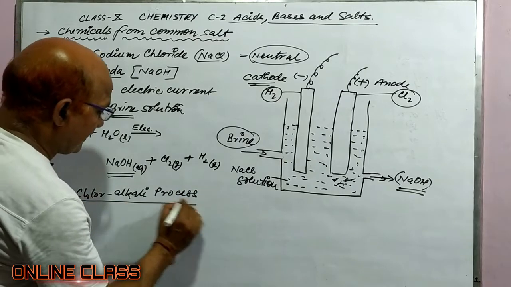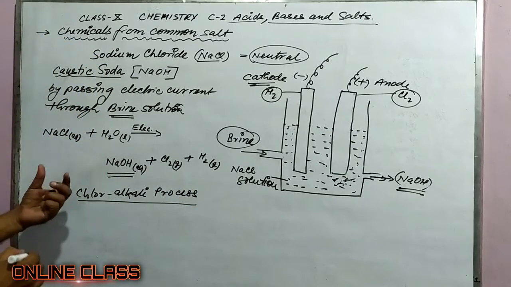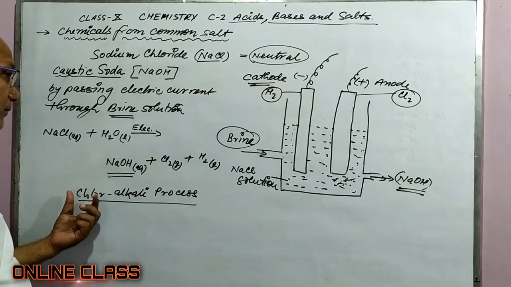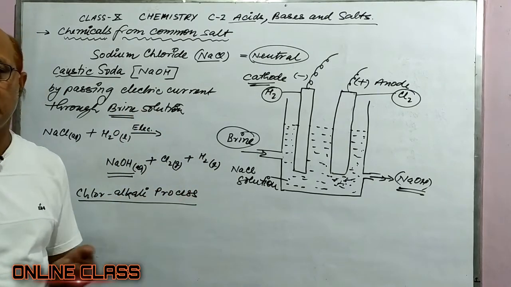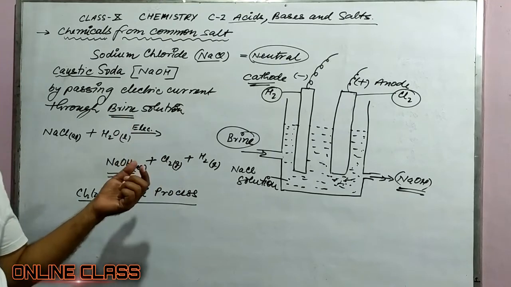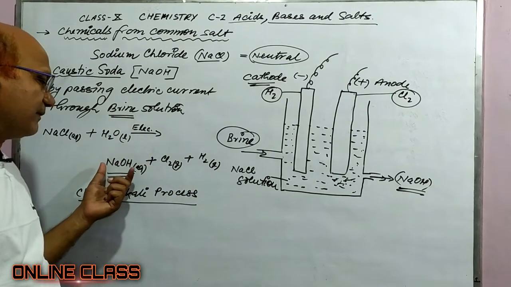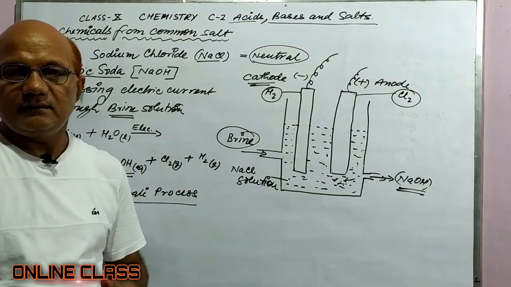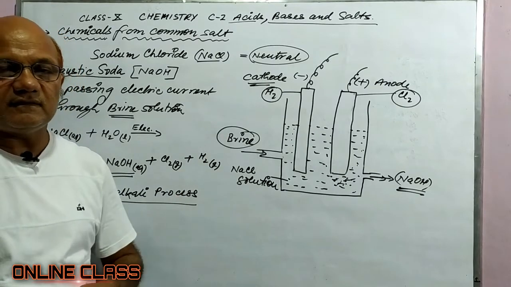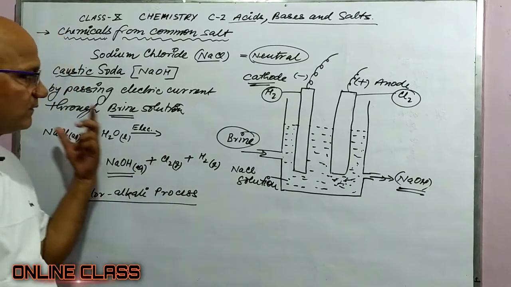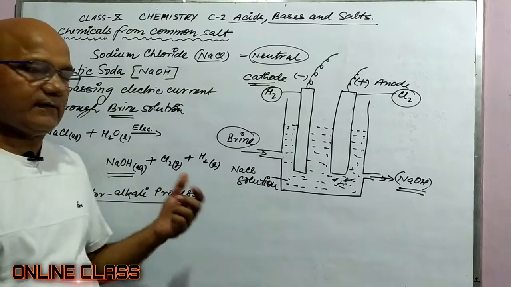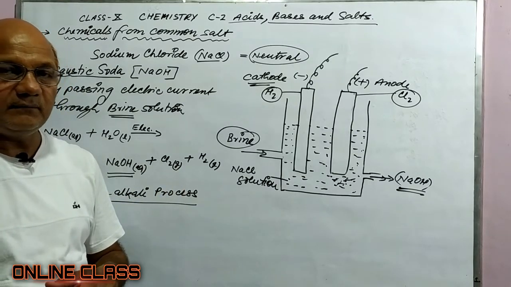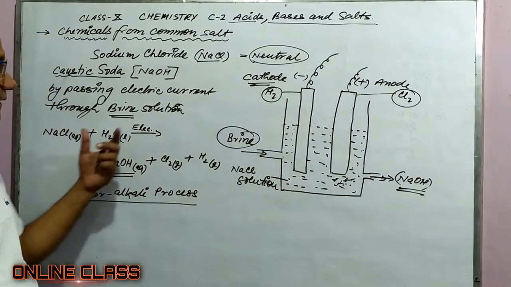This is an industrial process. Here chlor means chlorine and alkali means NaOH, because in this reaction sodium hydroxide is alkali and chlorine gas is liberated. So, this process is called chlor-alkali process. Now, take a screenshot of it.